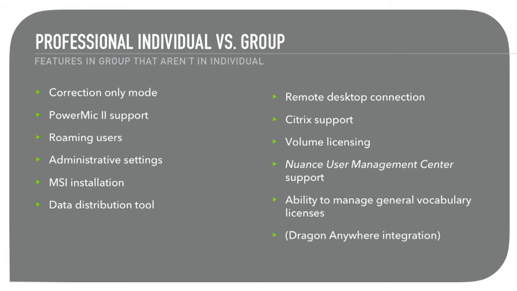Things like the ability to deploy the software on Citrix and use it in a virtual environment where the PCs are actually stored back in a server cabinet somewhere and everybody runs a thin client PC. Also, for those organizations that do have real machines on people's desks, you can push the Dragon software out to the machine and have it installed remotely. The Nuance User Management Center, as I mentioned, just puts a layer of efficiency over the top of all of that and makes it easier to manage and use.